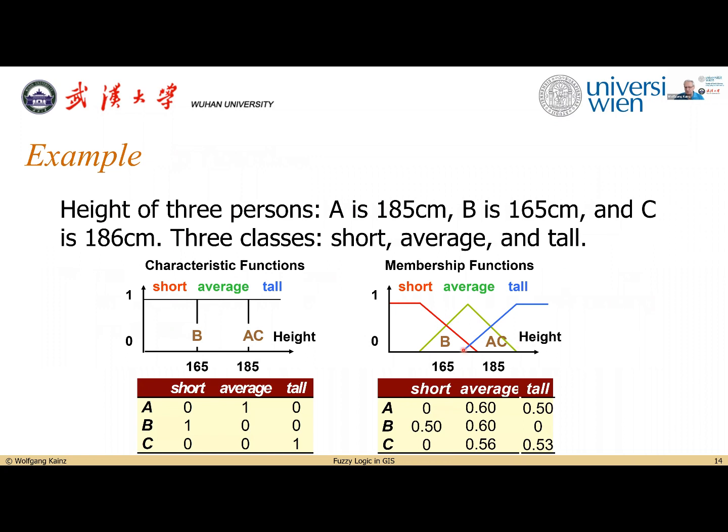If we define the concept of tall, a fuzzy set for tall, and we have a population where, in the normal way of thinking, somebody is definitely tall when that person has a height of 180 centimeters or more, then the membership function for tall should be defined in such a way that anybody who has a height of 180 or more definitely receives a membership value of 1.